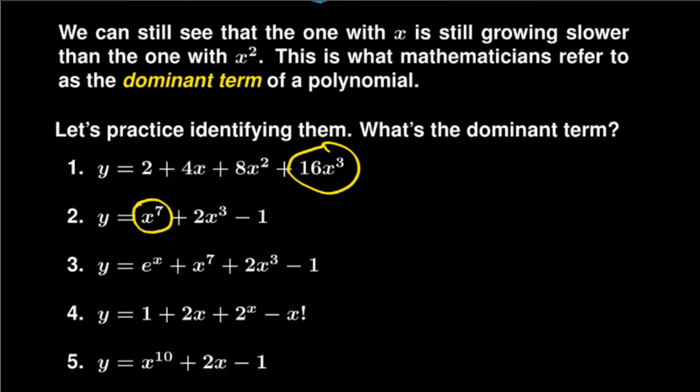Now we have that same polynomial with e to the x added to it. So which one is greater, e to the x or x to the 7th? Well, actually e to the x. Exponentials look like this, right? The thing about exponentials is they grow with a really, really fast growth rate as compared to polynomials.